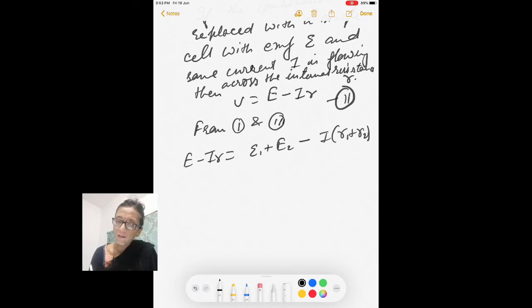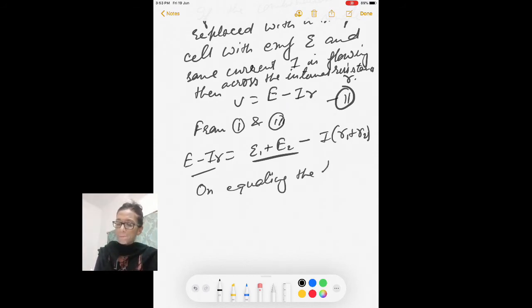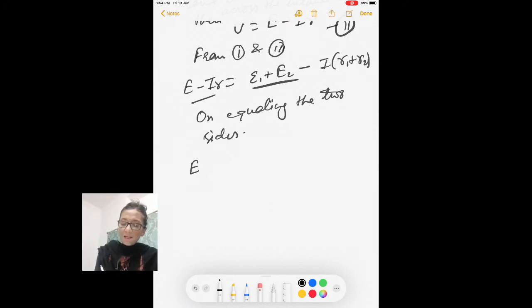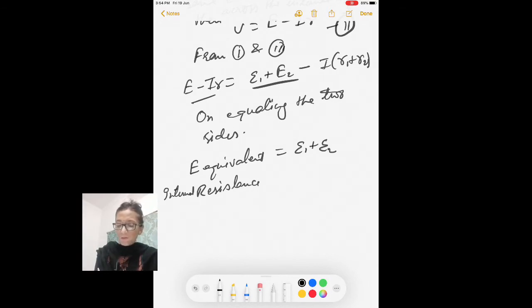So on equating the two sides, the net equivalent EMF can be equal to E1 plus E2, and the equivalent internal resistance R equivalent is equal to R1 plus R2.